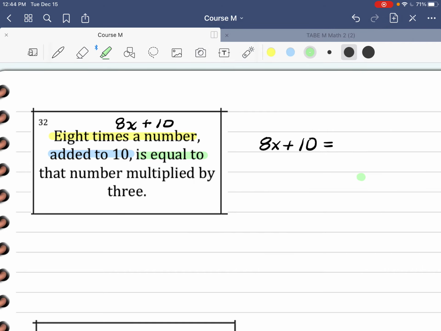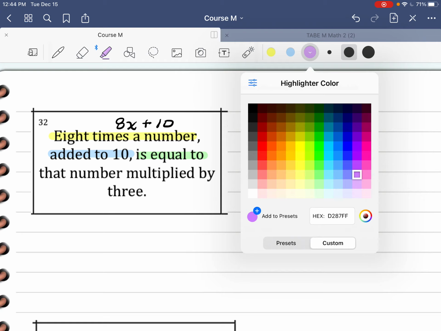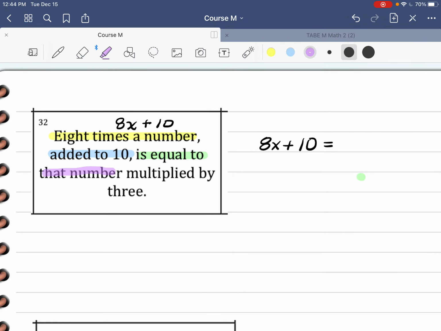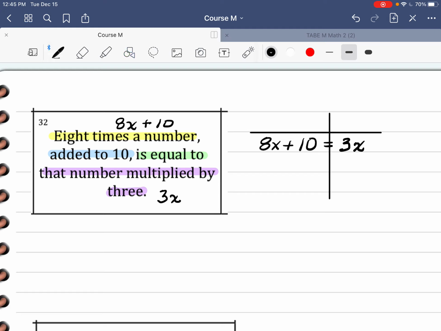So we don't change to a different letter here. We've got to keep the same value. So it's still the x multiplied by 3. So that's going to be 3x. Let me read that again. 8 times a number added to 10 is equal to that number multiplied by 3. And we are ready to solve.